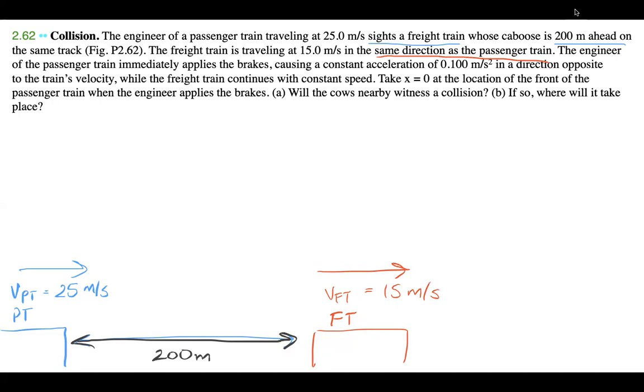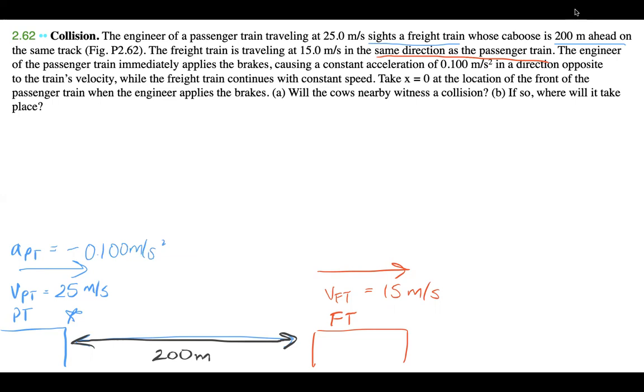Of course, when the engineer sees this freight train, the passenger train, this blue train right here, immediately hits the brakes, and the acceleration of the passenger train is 0.100 meters per second squared in the opposite direction. So we can just say it's negative 0.100 meters per second squared, right? Because if it's slowing down, that means the acceleration is negative.